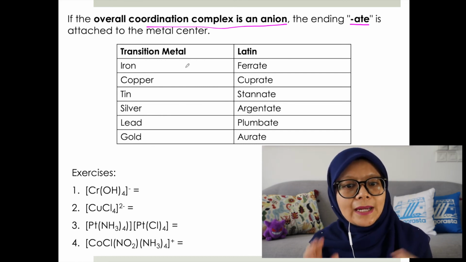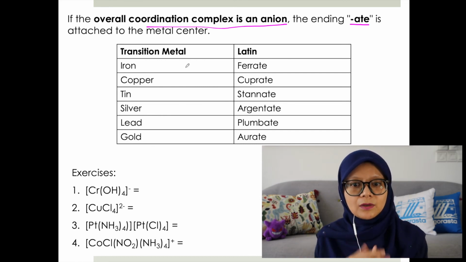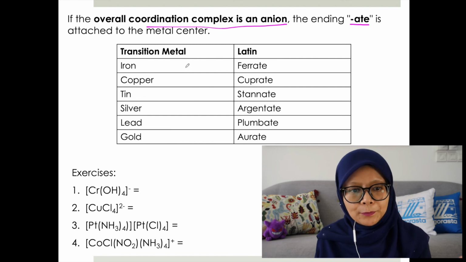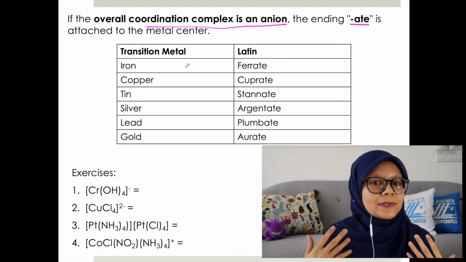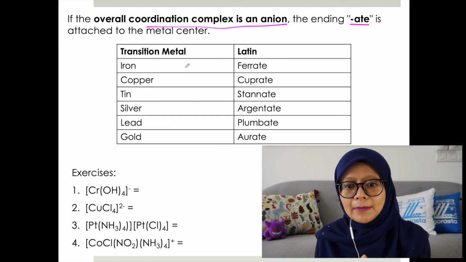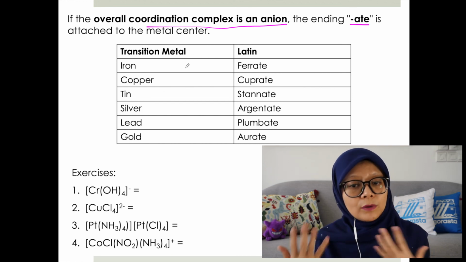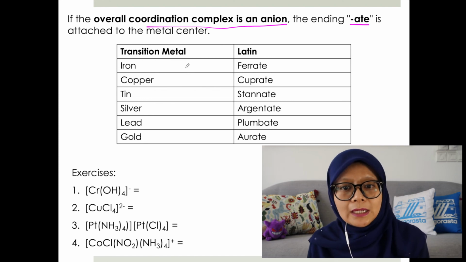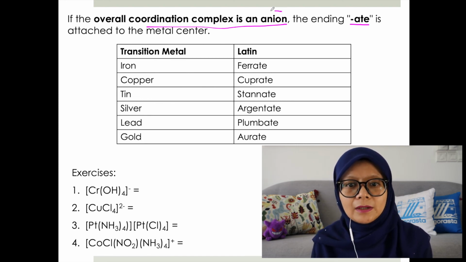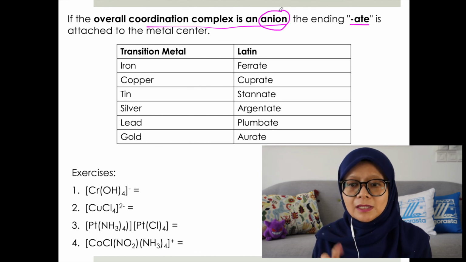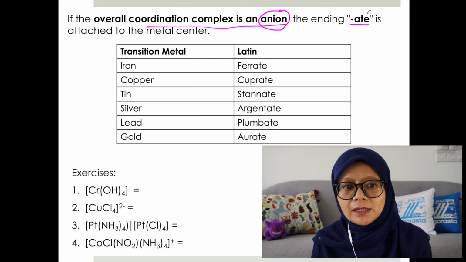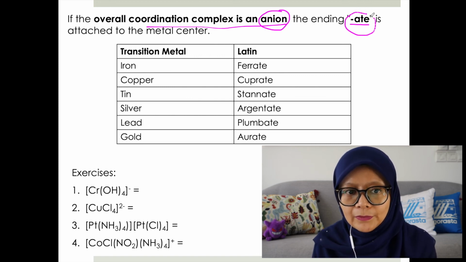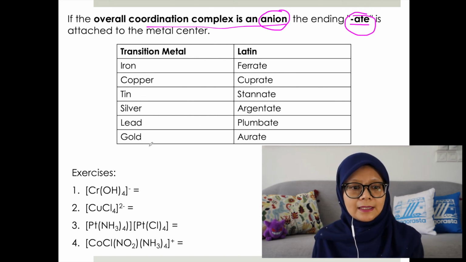So iron will become ferrate, copper will become cuprate, tin will become stannate, silver will become argentate, lead will become plumbate, and gold as aurate. So if you have a complex anion here, please remember that you need to change the metal to -ate, attached to the metal center.